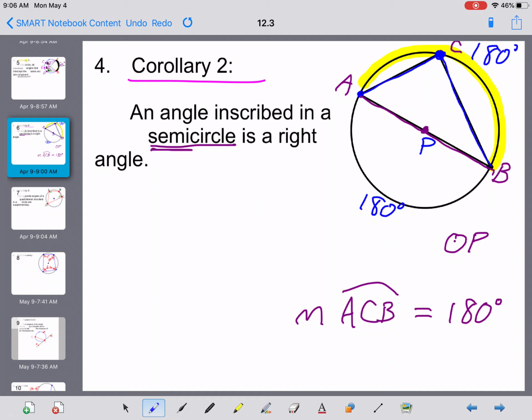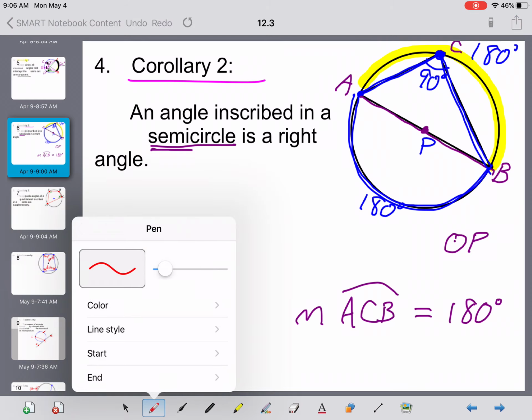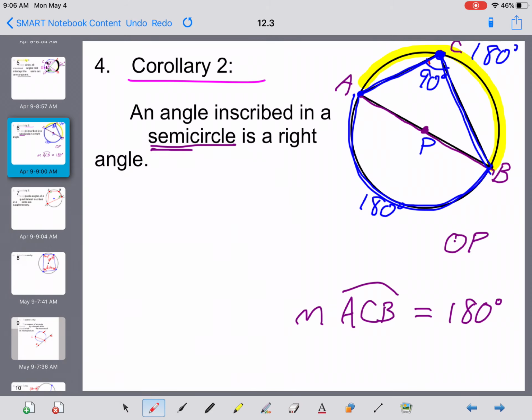That means that angle C up here is an inscribed angle, and the measure of an inscribed angle is 1/2 of the measure of the arc that it intercepts. So since angle ACB intercepts a 180-degree arc down here on bottom, we know that the measure of angle ACB has to be 90 degrees, which means that is actually a right angle that needs to go right there.